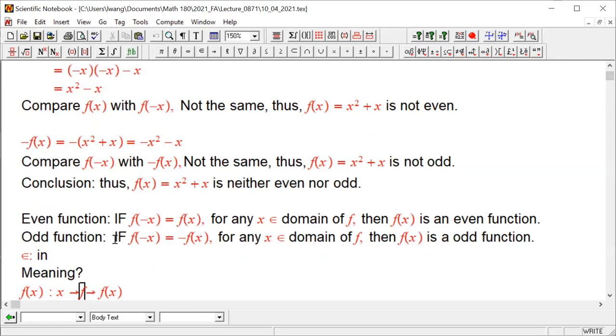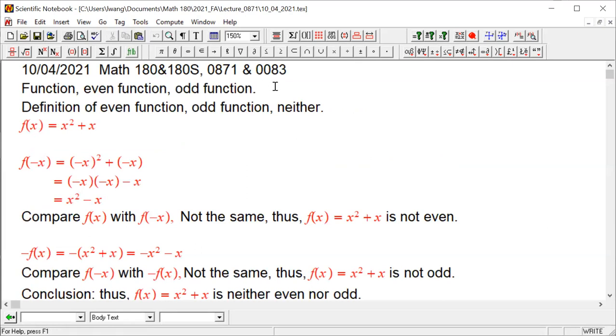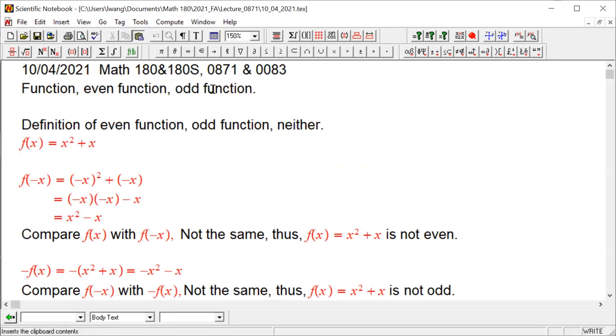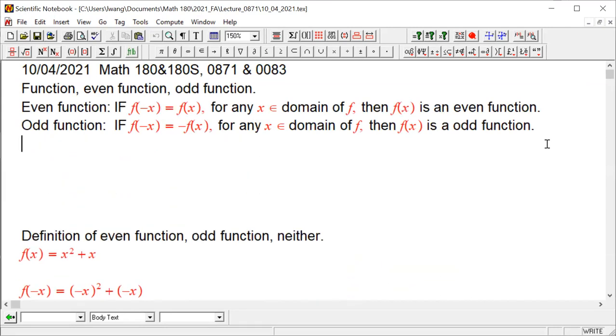So suppose that we have a function that's both even and odd. Let us phrase this question: is there a function that is both even and odd?